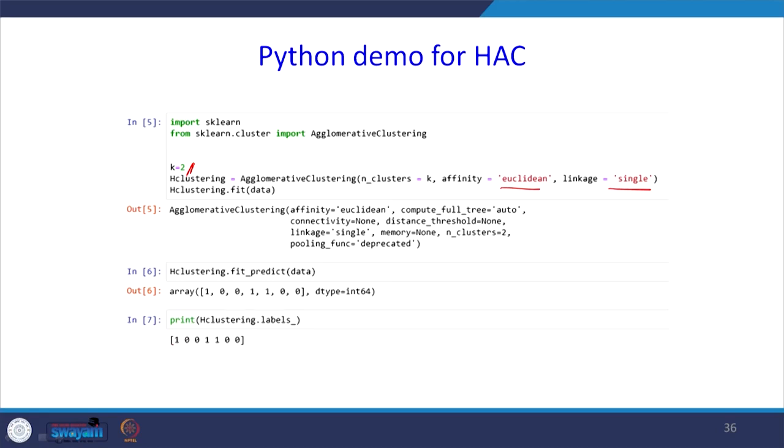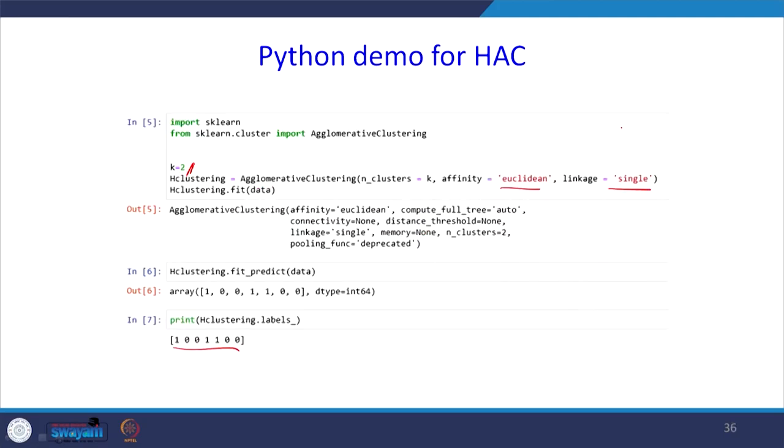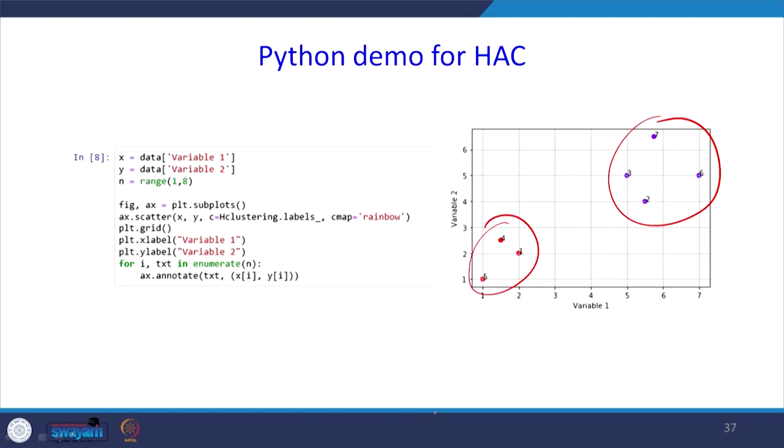So, these were the labels 1, 0. When you run this, you see that there are two clusters. This forms one cluster, this forms another cluster. Suppose if you write k equal to 3 here, you may get 3 clusters.